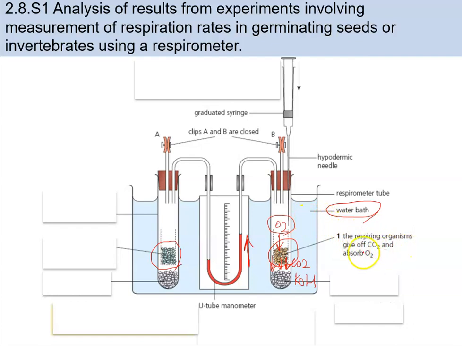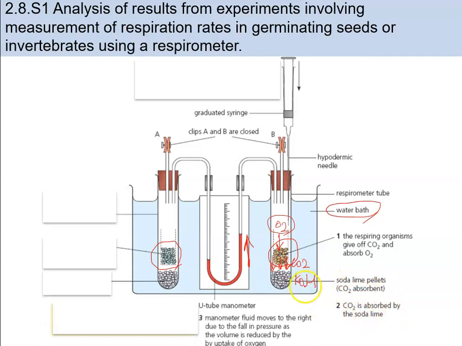So the respiring organism gives up carbon dioxide and absorbs oxygen. That's what I said. And here is the absorbent, and carbon dioxide is absorbed, and then at this stage the manometer fluid moves up to the right because of the change in pressure.